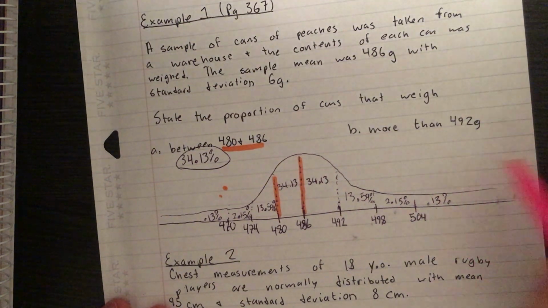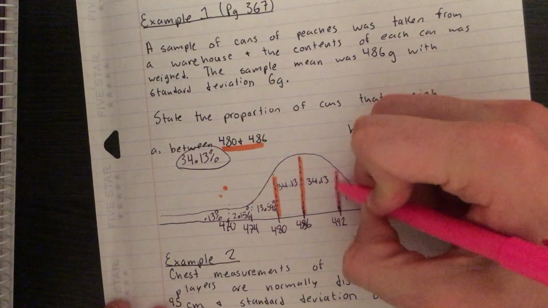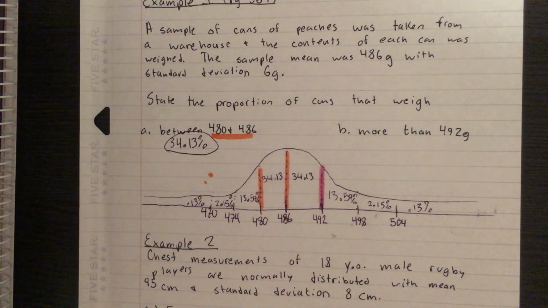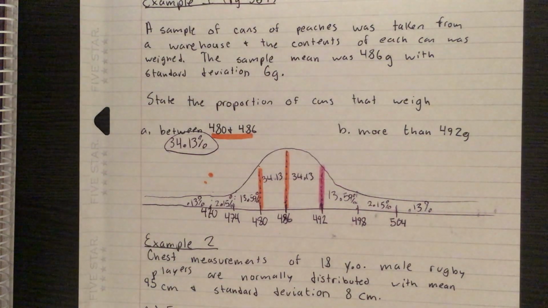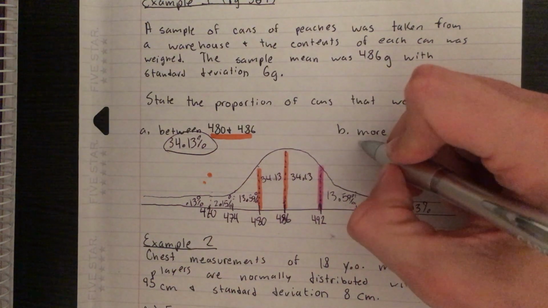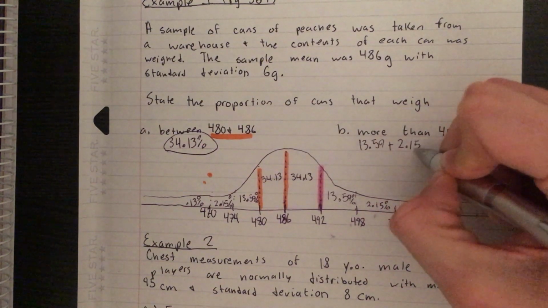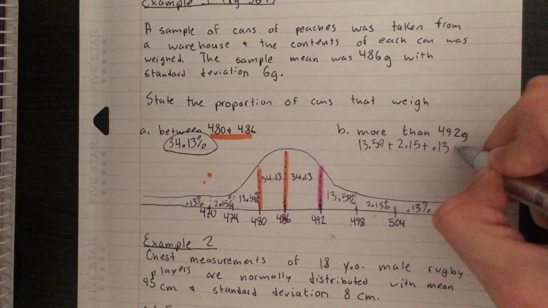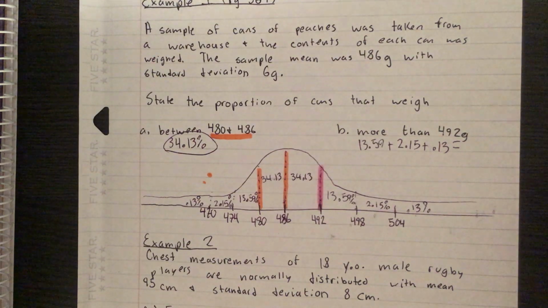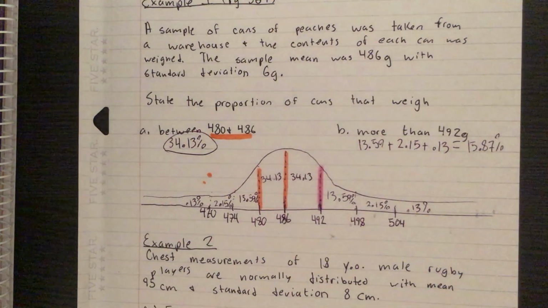Then for more than 492 grams, if I draw a line here at the observation of 492, I've got to add all of that stuff to the right of it because we want to know more than 492. So we're going to add 13.59 plus 2.15 plus 0.13, and that should give me 15.87%.